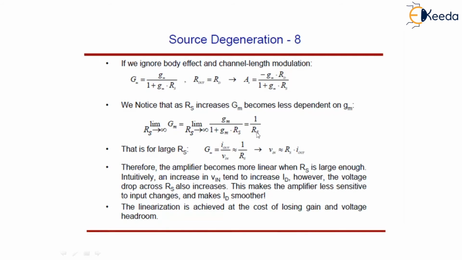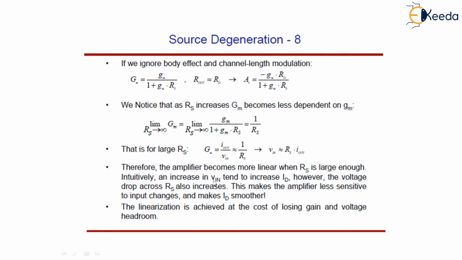That is, if I increase this resistance Rs, the equivalent transconductance becomes very less dependent upon the transconductance of the transistor. That is, for large Rs, Gm, that is Iout upon Vin, will become equivalent to 1 upon Rs. And therefore the amplifier becomes more linear when this source resistance is large enough.